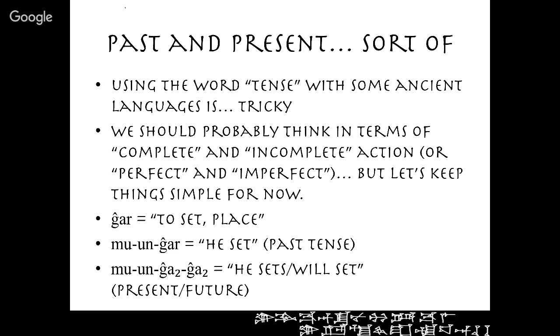And it would be either he sets or he will set. And we're going to get into the differences between those two things and the logic behind the way that those things are structured. But nonetheless, those are the two tenses in Sumerian.